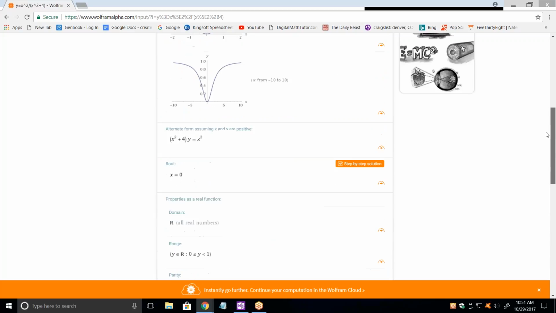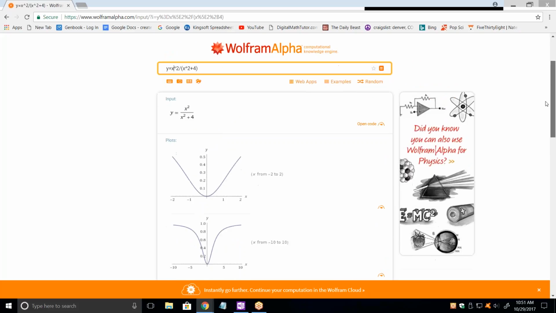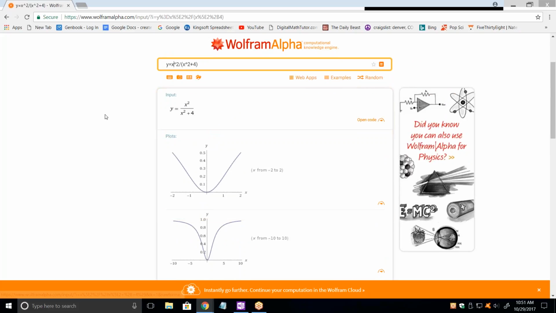But the biggest thing of all is the fact that it tells you what you put in. Because sometimes when you have a really complicated function and you try to put it in on that TI-84, that's hard, getting all your parentheses straight. And then it doesn't tell you what you put in. So you don't know if you got it exactly right or not, whereas Wolfram does. I don't know if he allows you to use Wolfram. You could use it on a phone if he allows it.